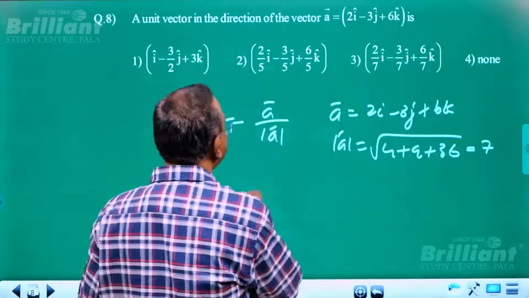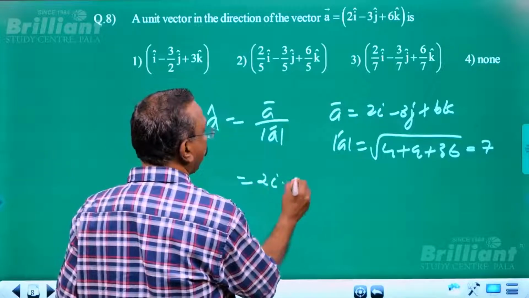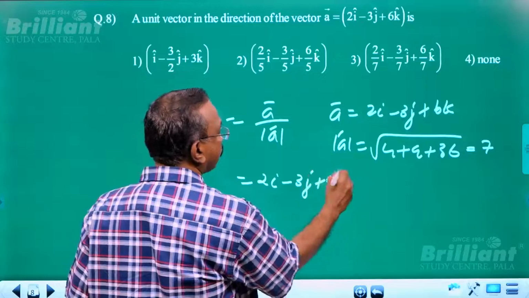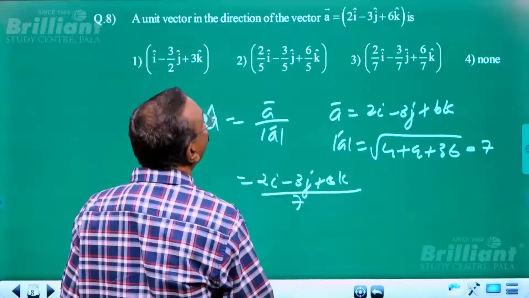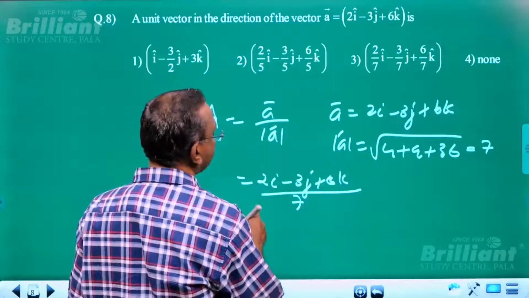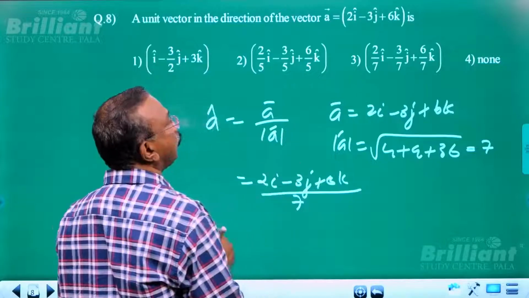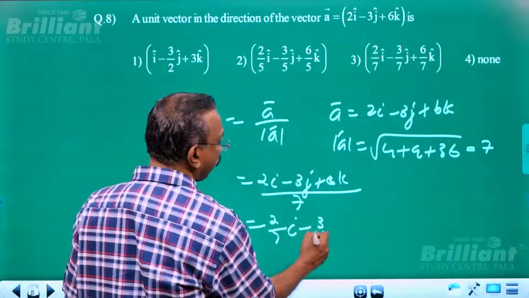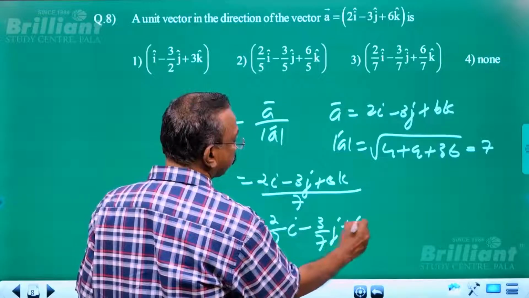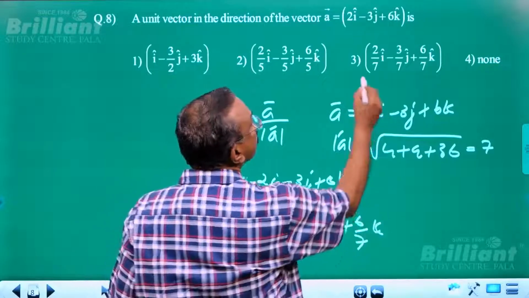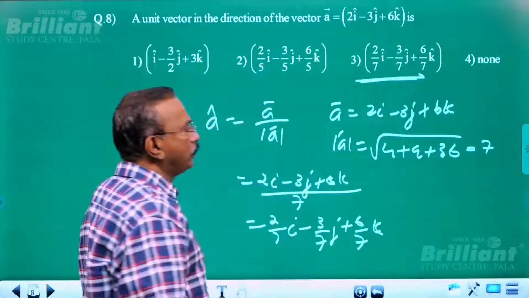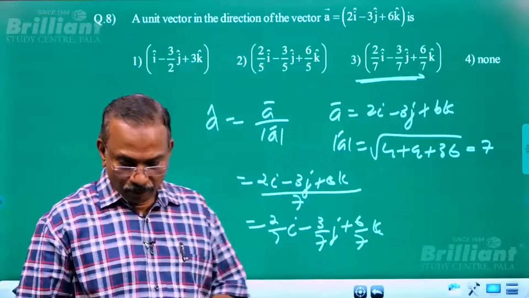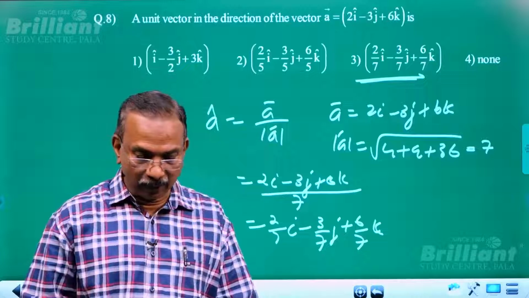So this will be (2i minus 3j plus 6k) divided by 7, or you get the answer as 2 by 7 i minus 3 by 7 j plus 6 by 7 k, which is given as our third option. So it was a very simple problem, and we find the third option is the correct answer for that question.